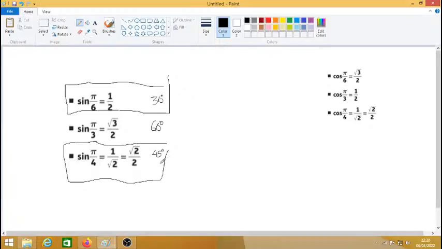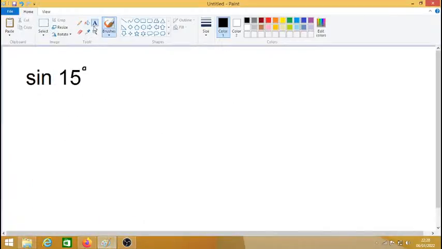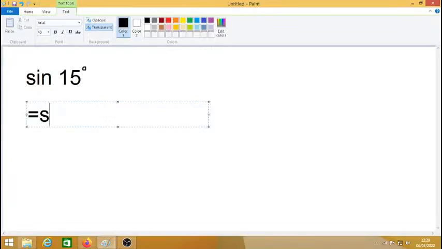So let's go with the first option, 45 degrees, take away 30 degrees would make sine of 15. So we're going to say sine of 15 is equal to sine of 45 degrees, take away 30 degrees.